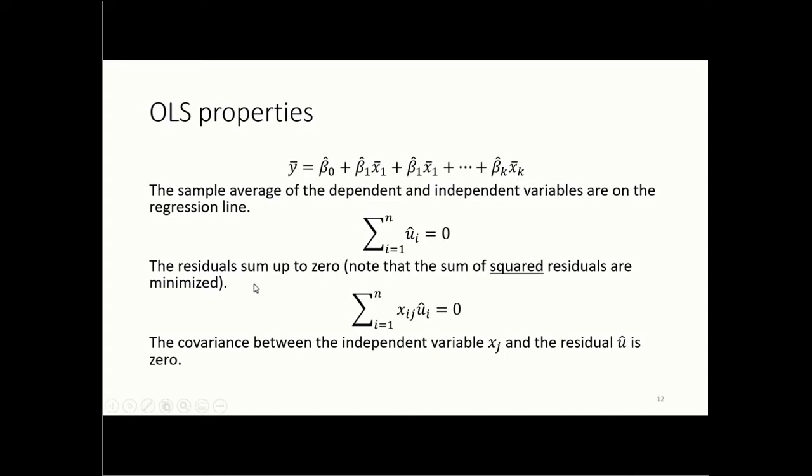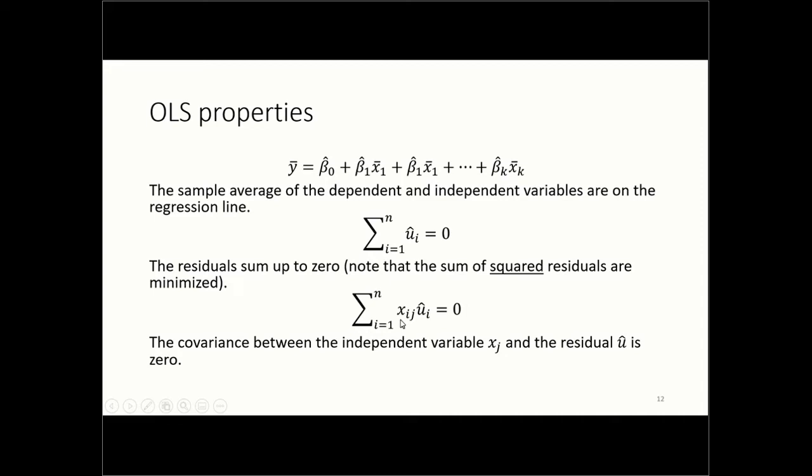So the residuals sum up to 0. Note that the sum of the squared residuals is minimized, but the residuals u_i hat still sum up to 0. So this means that all of the residuals across all of the x variables have to sum up to 0. We also have as a property here that the summation of x_ij times u_i hat is equal to 0.